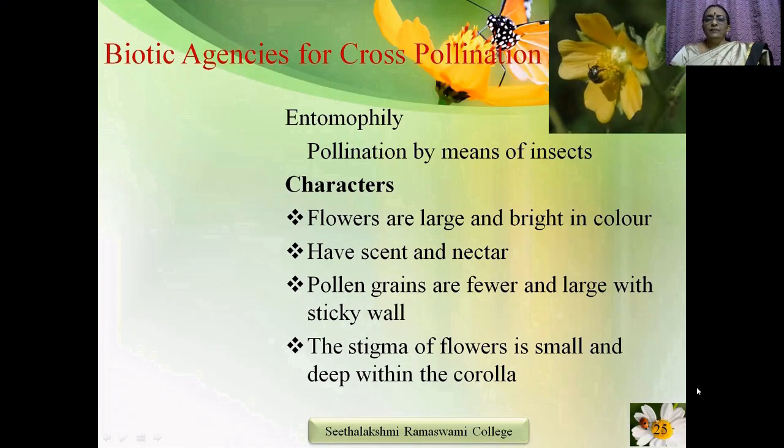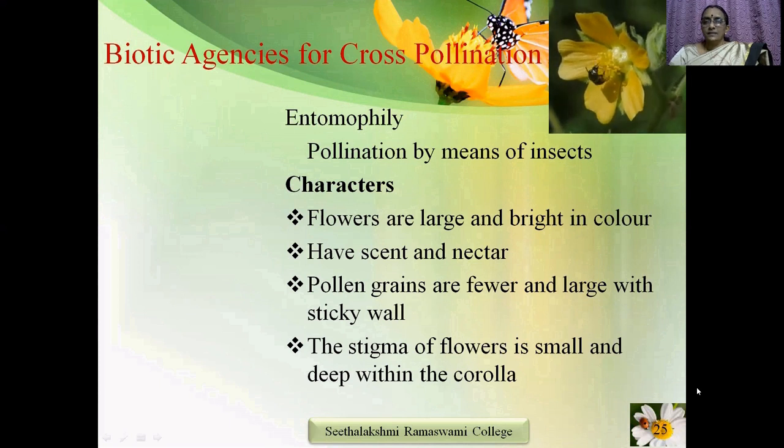So entomophily is pollination by means of insects. And entomophilous flowers are specially adapted to attract insects. Flowers are large, brightly colored, and have bright lines and spots on the petals. Small flowers may be aggregated in the form of inflorescence to become conspicuous.